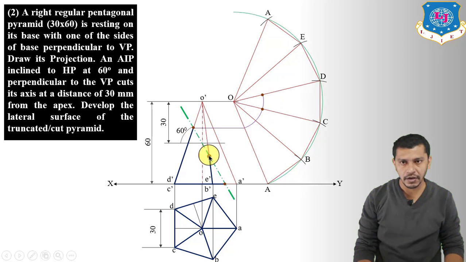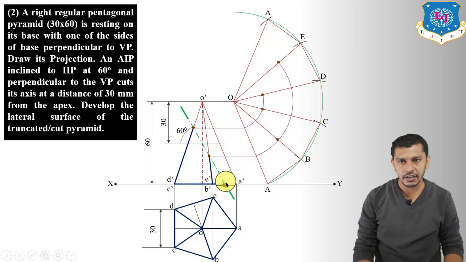Now project this point on this slant edge OA, measure this distance from O, take center at O and give an arc, and mark the intersection point of this arc on the slant edges OB and OE. So this will be the intersection point.